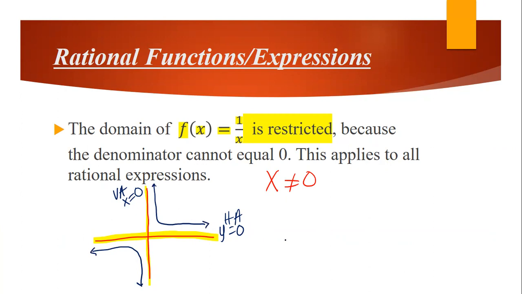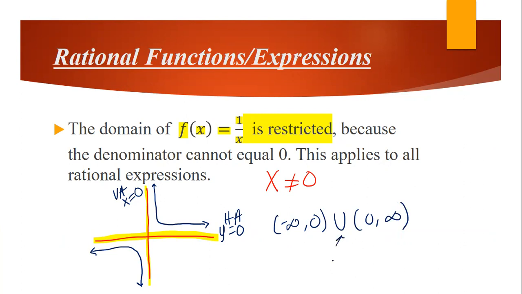Okay, and so the domain of this parent function, we wrote it in two ways, in set notation and interval notation. So in interval notation, remember it's the one with the U. We wrote the domain and the range as from -infinity to 0, union 0 to infinity.